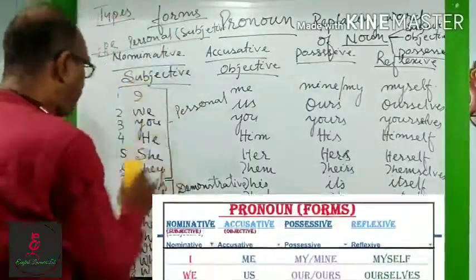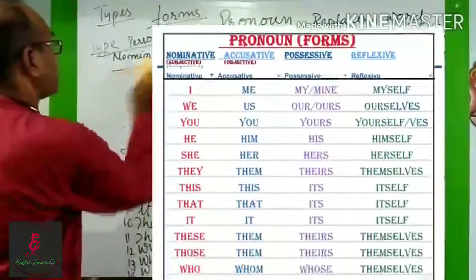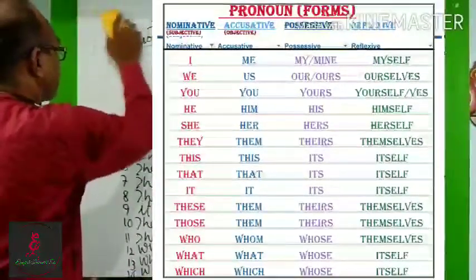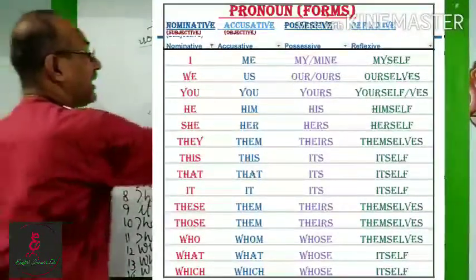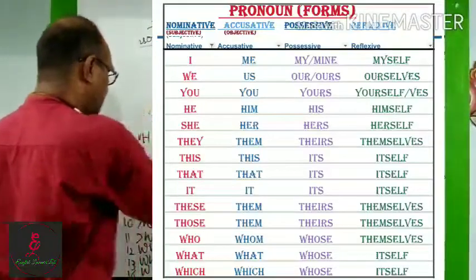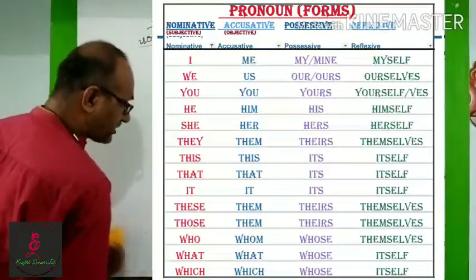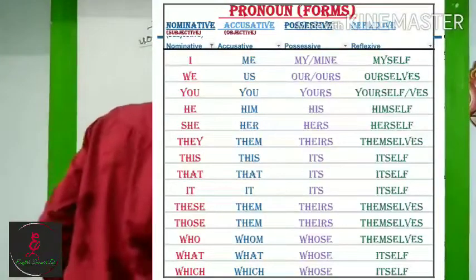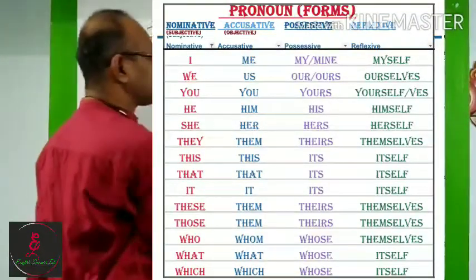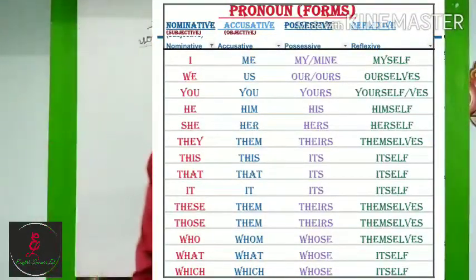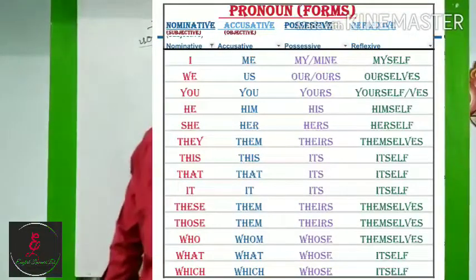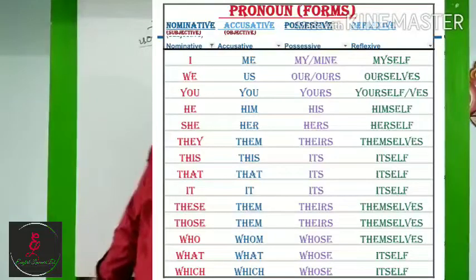Okay, so apart from these 14 pronouns, there are some other pronouns. They are not included here in this table, but they have their significance. Why are they not included in this table? There is a reason that we will discuss now.